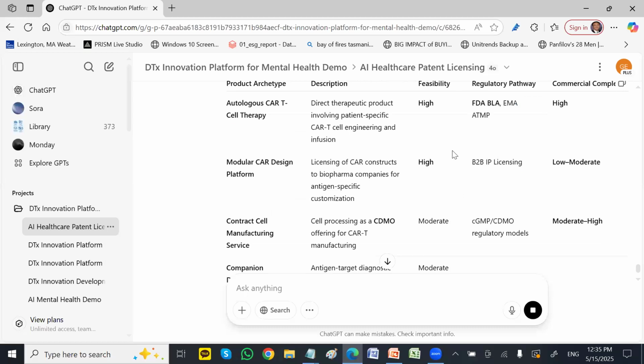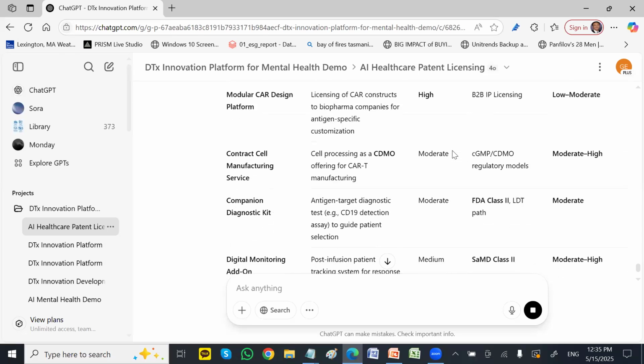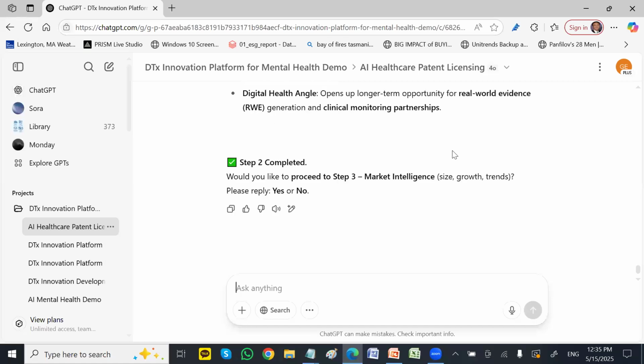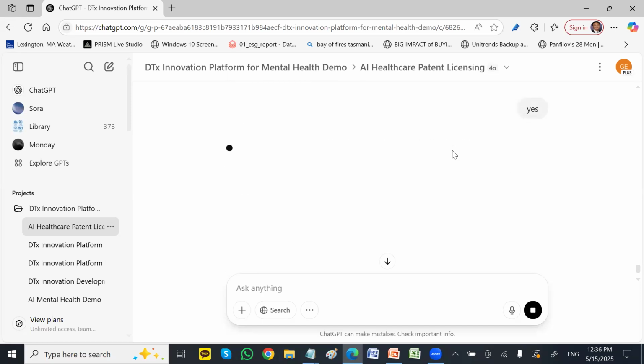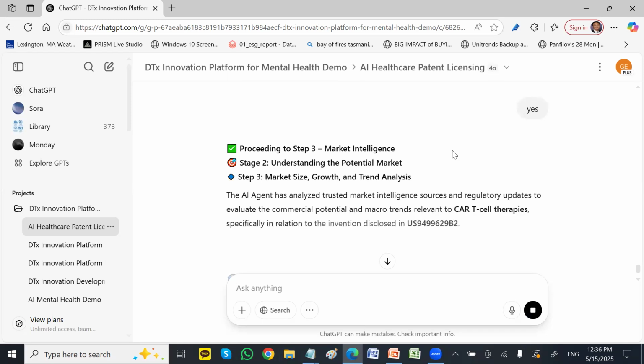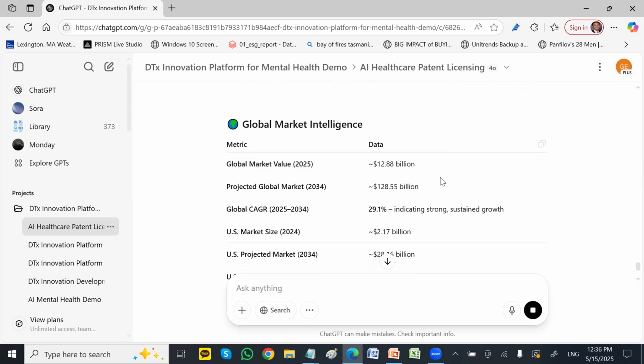So it gives you some kind of commercialization pathway. And then it tries to understand the market potential. It looks at websites and relevant sites about market research and tries to analyze the market size, like when you provide a product or service and you look at what the market potential is.